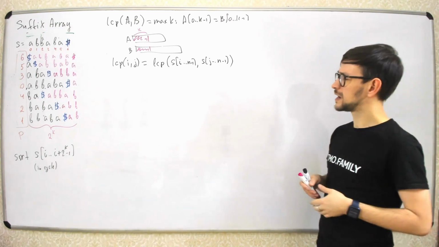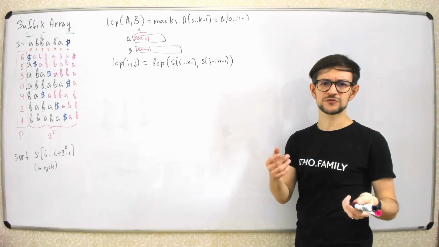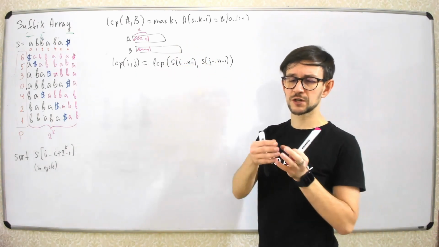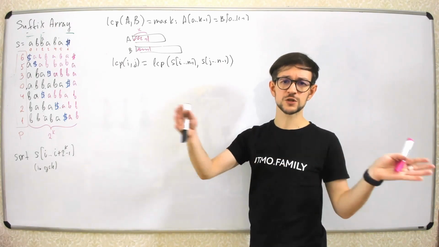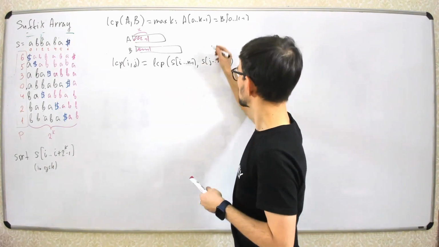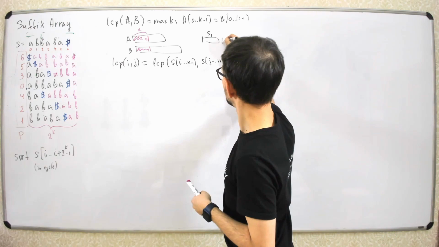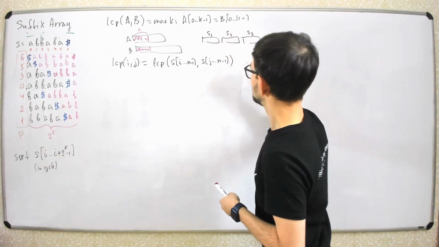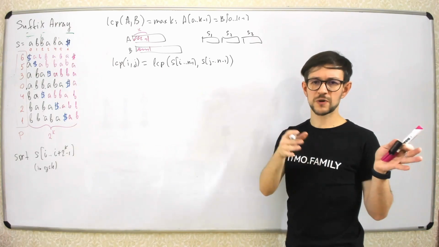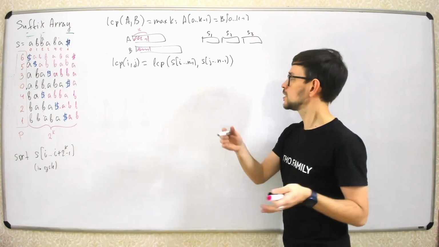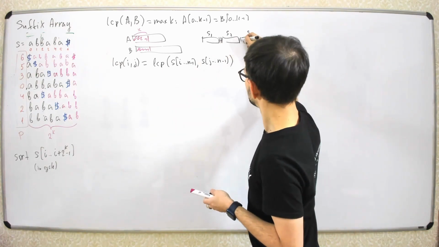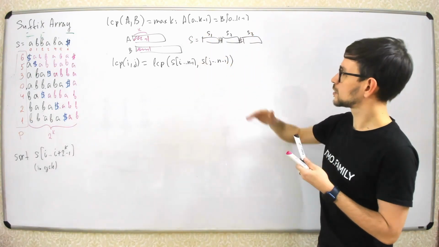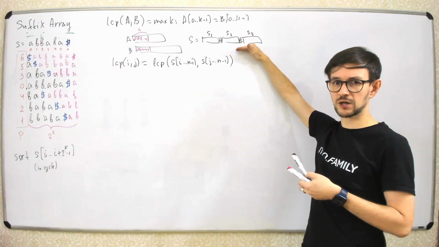Why is it usually enough? If you have requests for many different strings, you can just concatenate all the strings you need into one big string. So if you have multiple strings S1, S2, S3, and so on, and you want to check the longest common prefix of some substrings of them, you concatenate them all into some long string S, then calculate the suffix array for this long string.